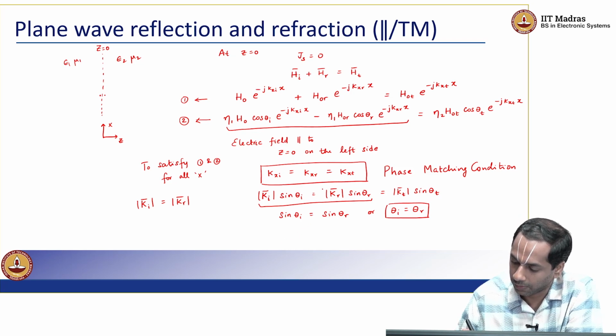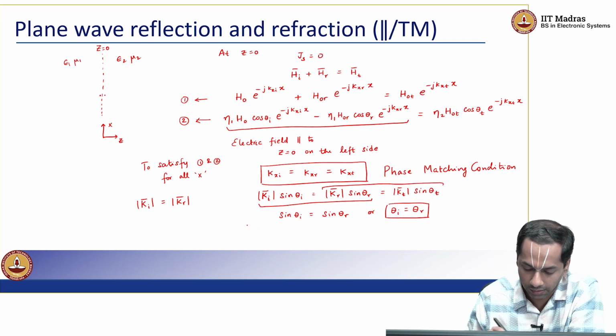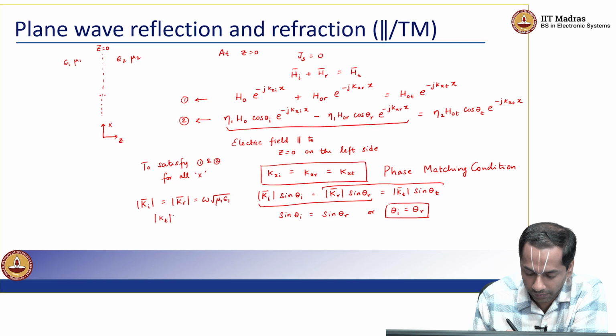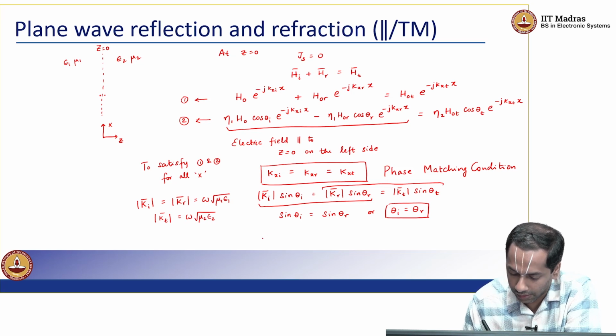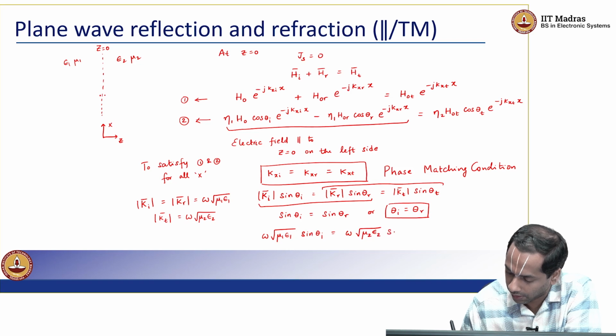So, let us try to club the last two equations. What is that saying? The modulus of ki is omega square root of mu 1 epsilon 1, and the modulus of kt is omega square root of mu 2 epsilon 2. So, we can say omega square root of mu 1 epsilon 1 sin theta I is equal to omega square root of mu 2 epsilon 2 sin theta t.